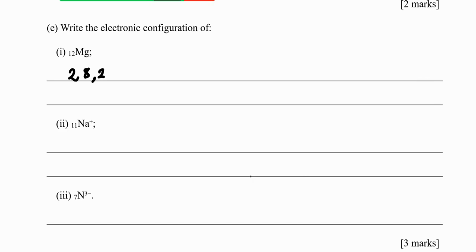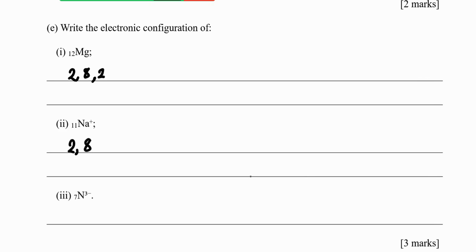So it's more like saying in chemistry, in terms of electronic configuration or electron transfer, when you are losing, you are acquiring a positive sign, but when you are gaining, you are acquiring a negative sign. So this positive sign here means that sodium has lost or donated 1 electron. So it's no longer 11, it's now 10.